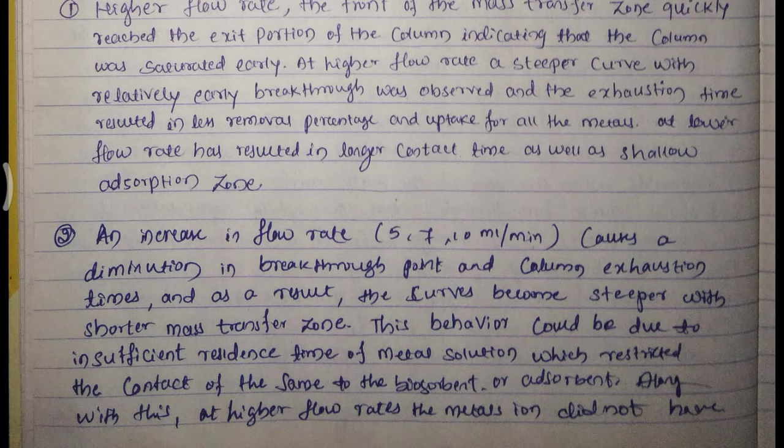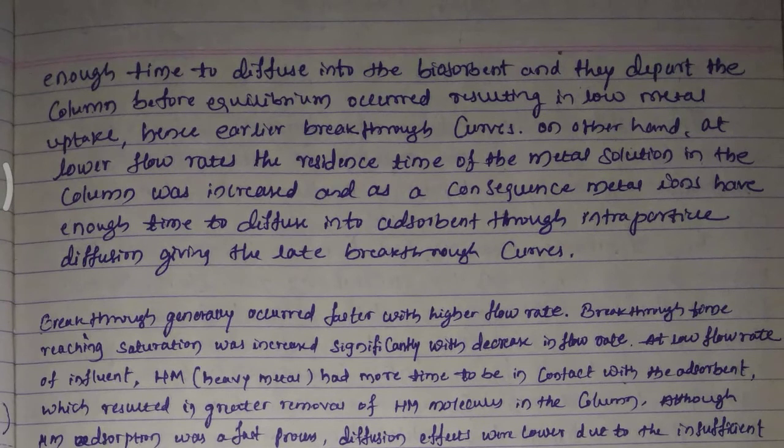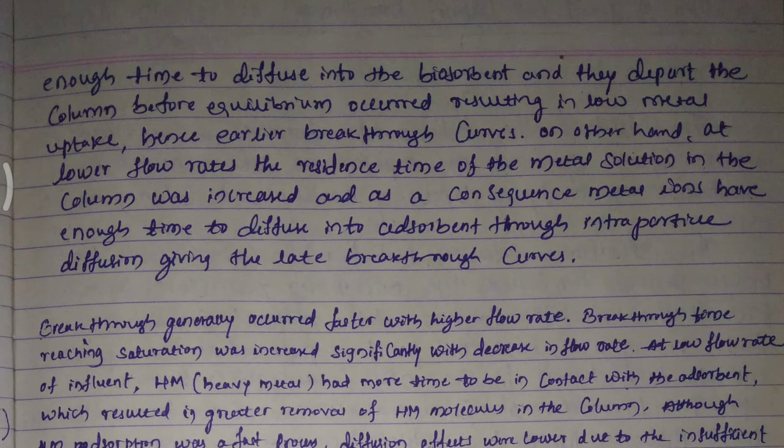This behavior could be due to the insufficient residence time of metal solution, which restricted the contact of the same to the adsorbent. Along with this, at higher flow rate, the metals did not have enough time to diffuse into the biosorbent and they depart the column before equilibrium occurred, resulting in low metal uptake.